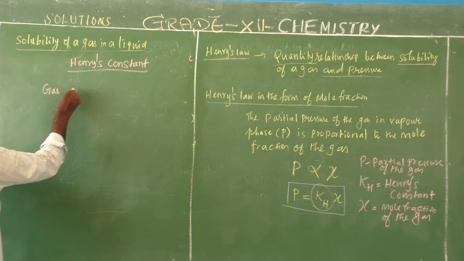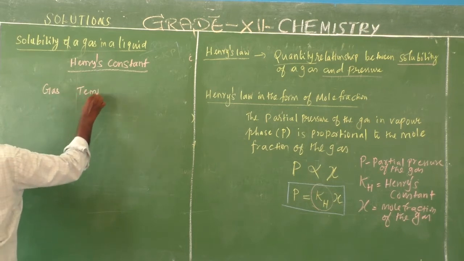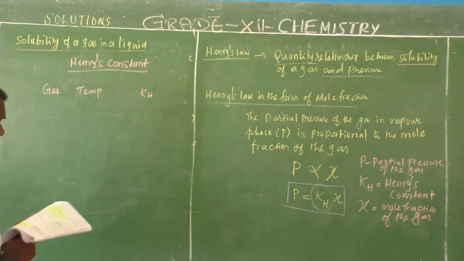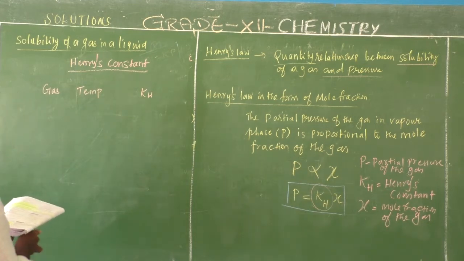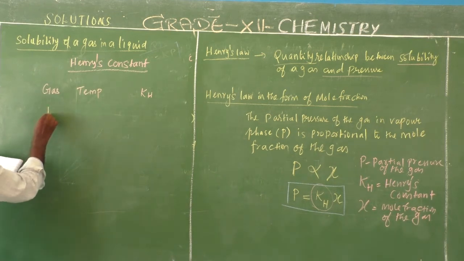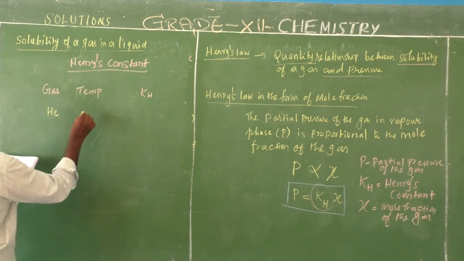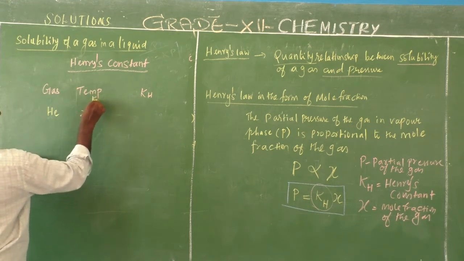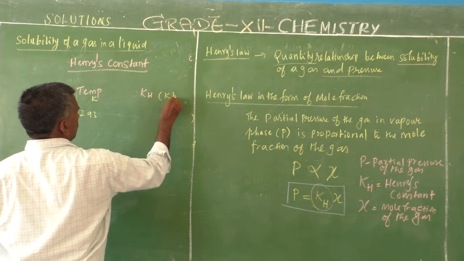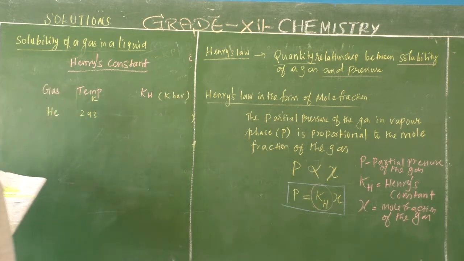Gas, temperature, Henry constant. So many gases are there. First, helium at a temperature of 293 Kelvin. What is the Henry constant unit? The unit is kilobar.